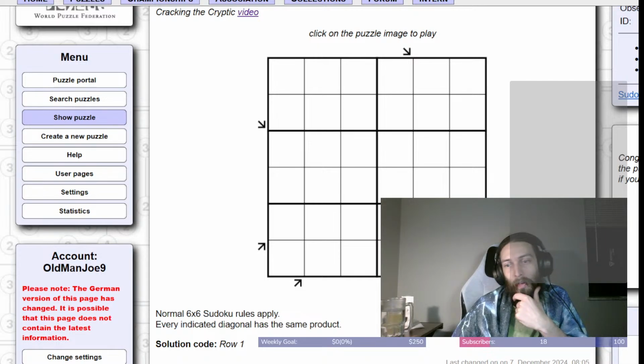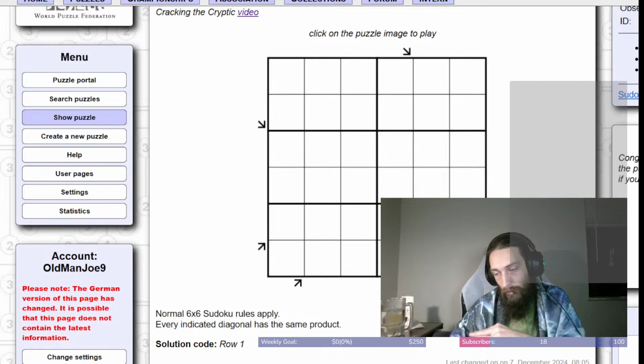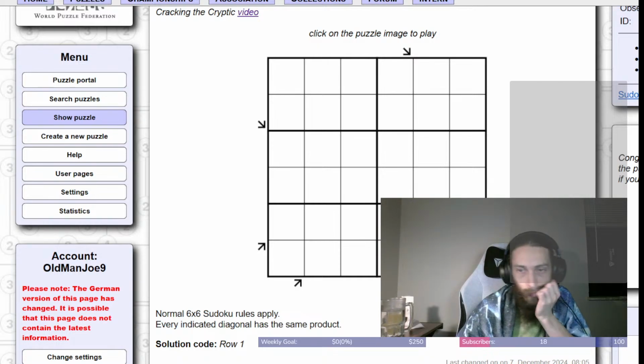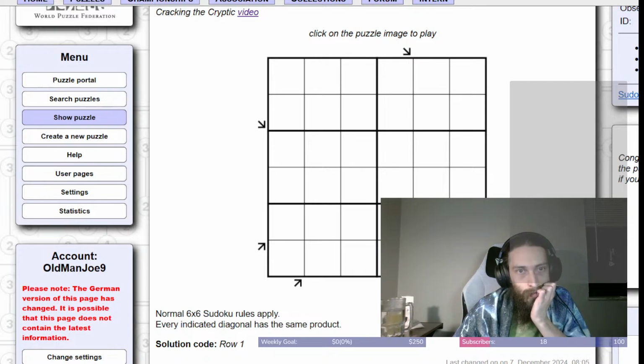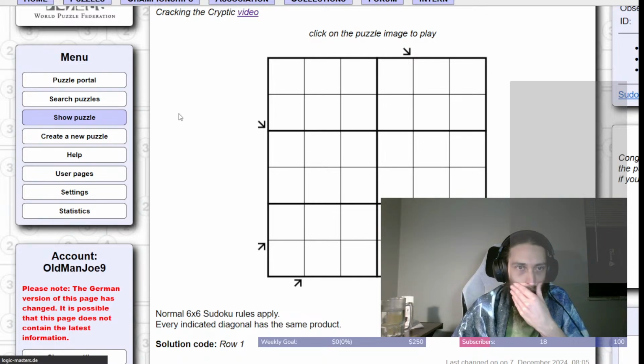This one I wanted, very nice. You have to be comfortable with the products. It's not super tricky, but being comfortable with that is not necessarily easy in my opinion. I don't know. I would go with average. It wasn't like super tough.